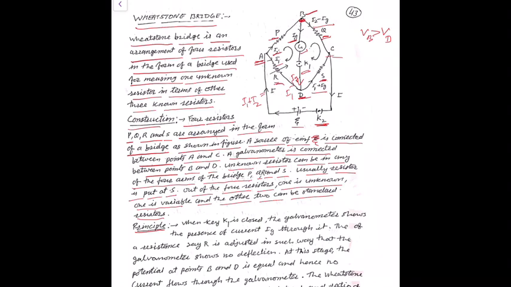Therefore, at point C, a net current according to Kirchhoff's first law, I2 minus Ig plus I1 plus Ig, that is I1 plus I2, that is I, flows from point C to the negative pole of the cell.